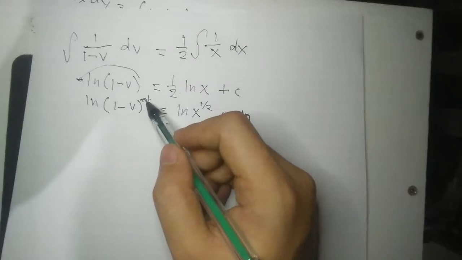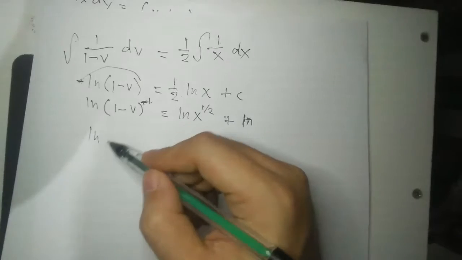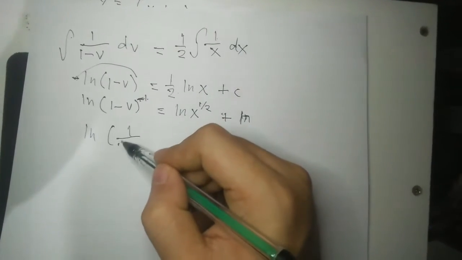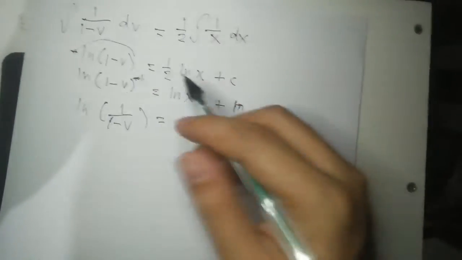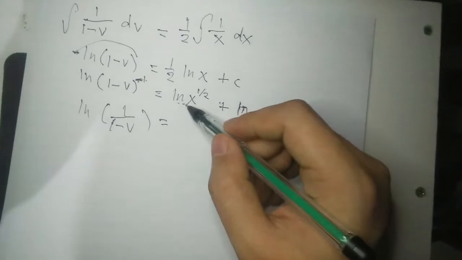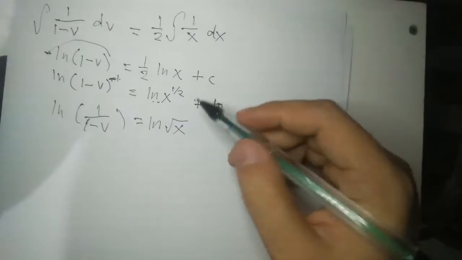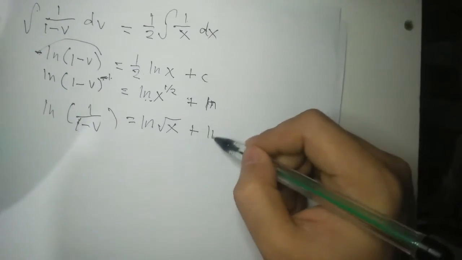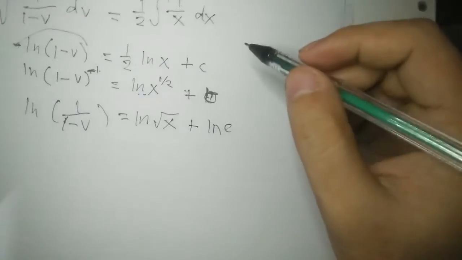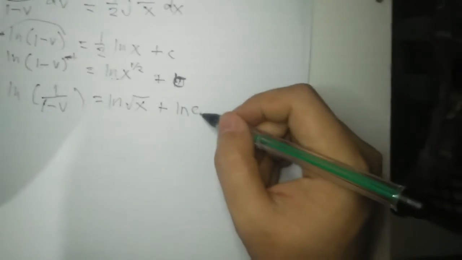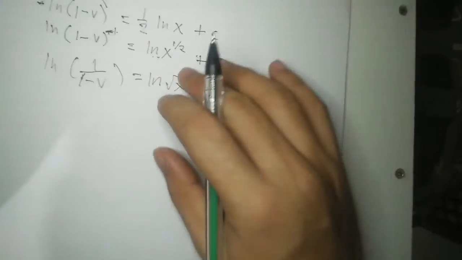We will transfer, so this becomes ln of 1 over (1 minus v) equals ln of the square root of x plus ln c, because it has two logarithms which will condense into a single logarithm.